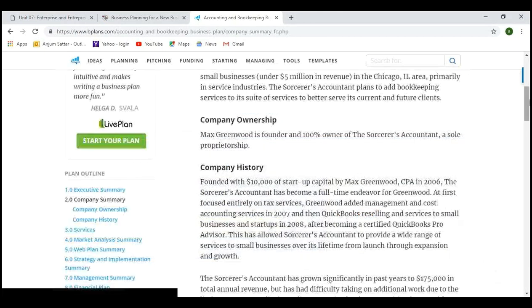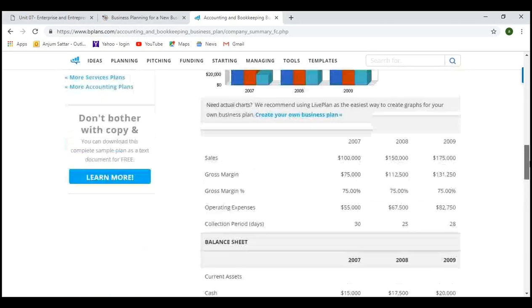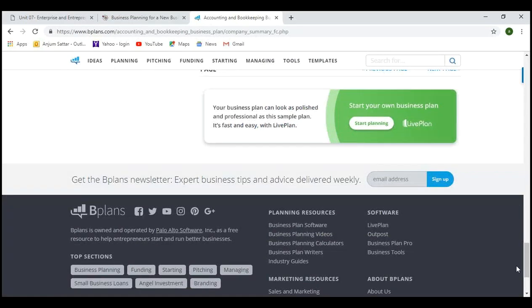So we can look around the ownership, company history, and we can give all of it.